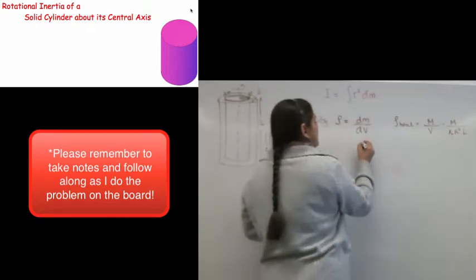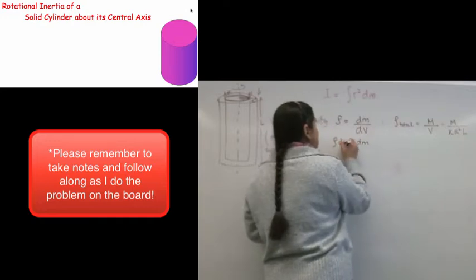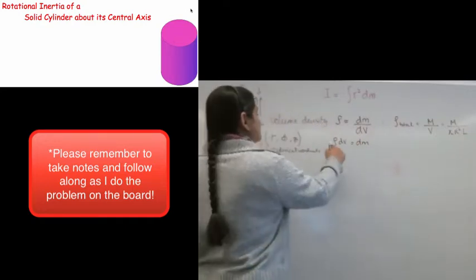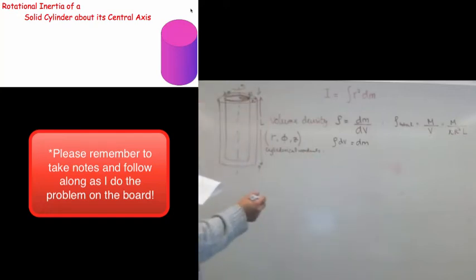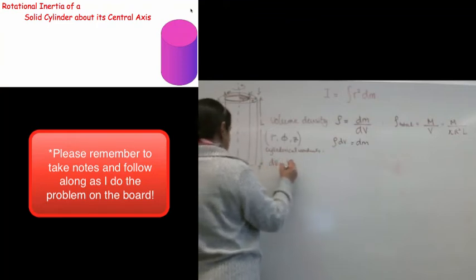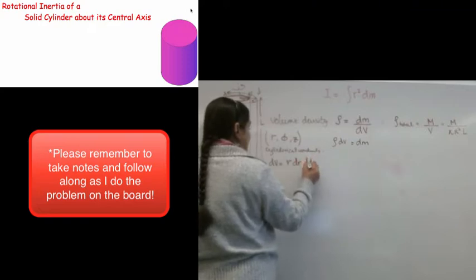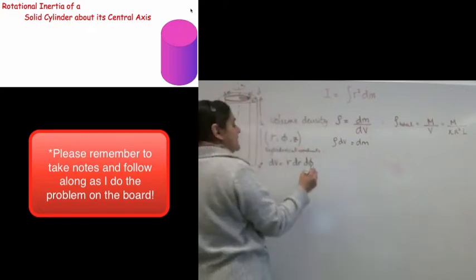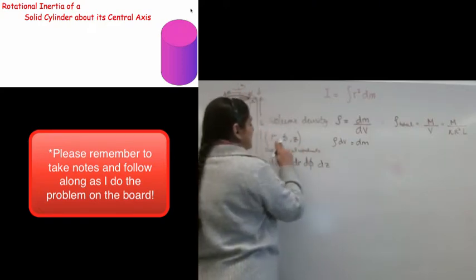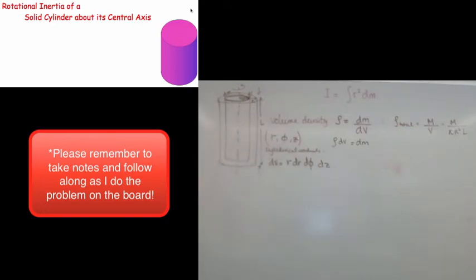So instead of writing this, I can rewrite it as dm equals rho dV. Now, what is this dV going to be? In cylindrical coordinates, dV, the volume element, is given by r dr d phi dz, where d phi is the element that goes around, and dz corresponds to each of these volume elements.